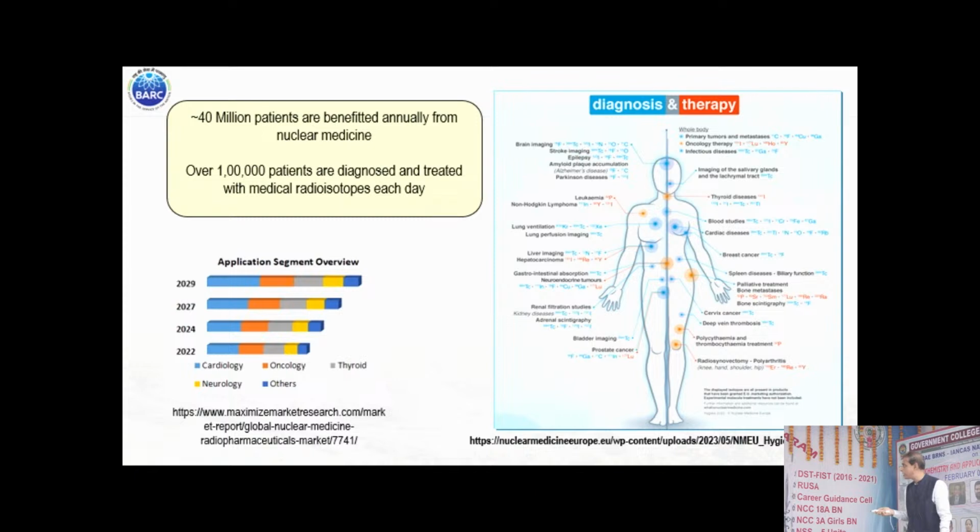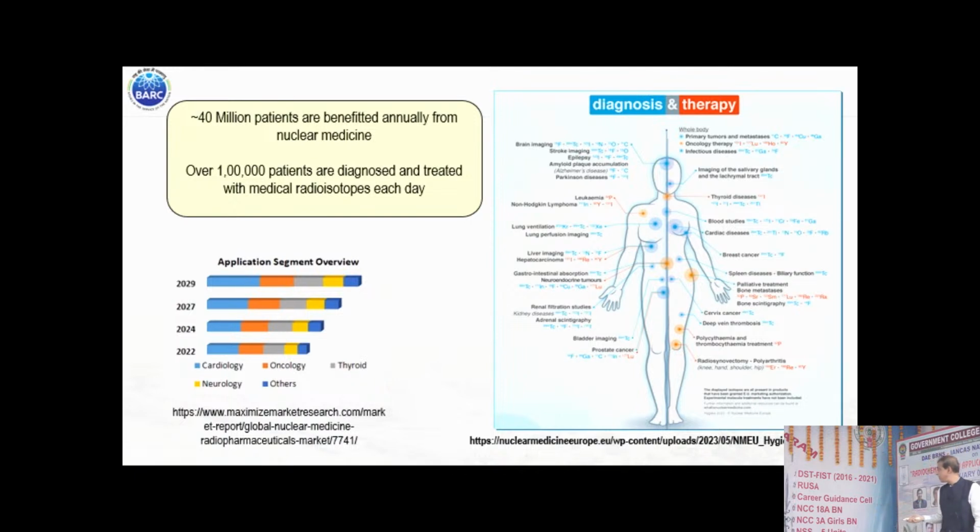The major use of radiopharmaceutical is in nuclear cardiology to detect heart diseases, followed by oncology, that is for the treatment of cancer, followed by thyroid. This is the trend in 2024, and you can see the trends almost remain the same over the next 5 years.